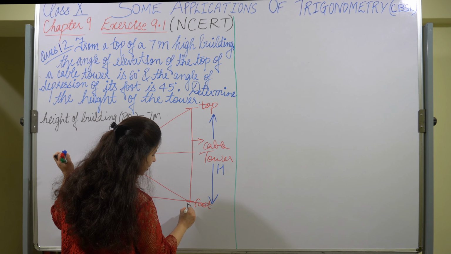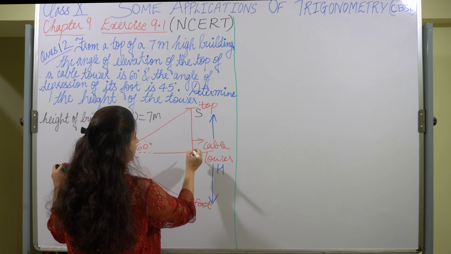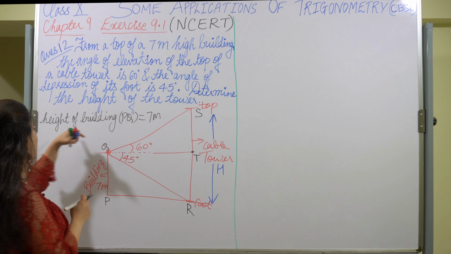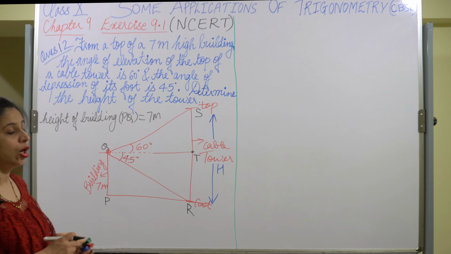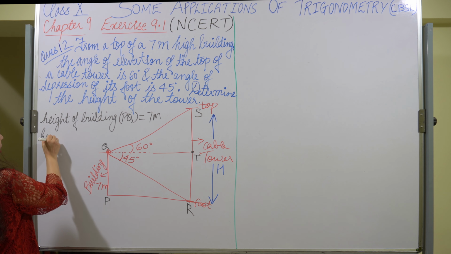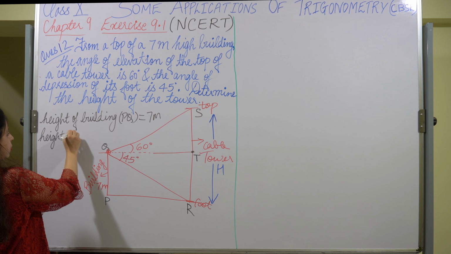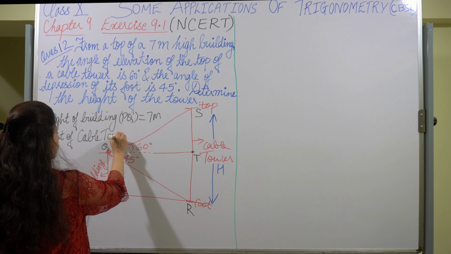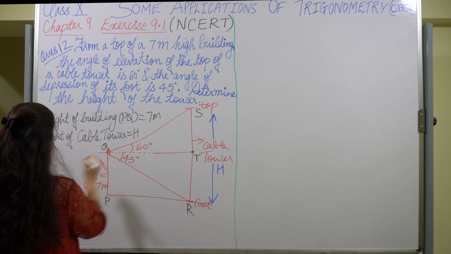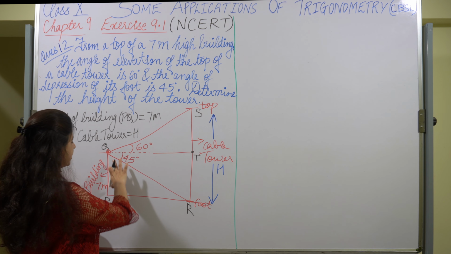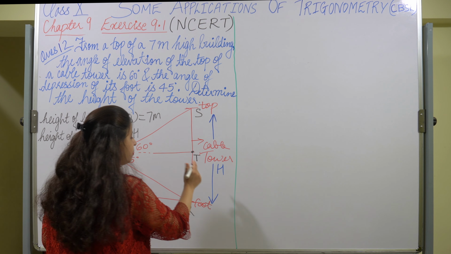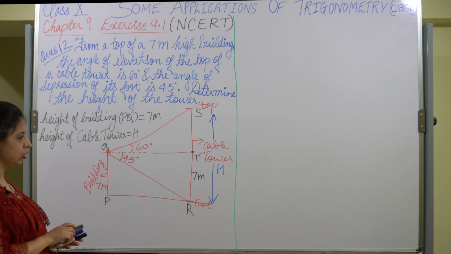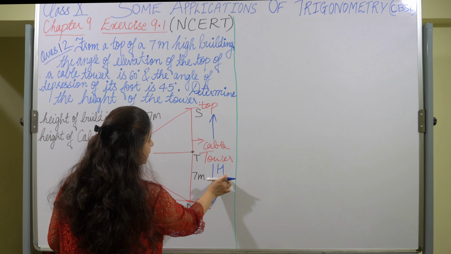Let us mark this as R, S, and this some point T. Okay. So we are considering the height of the building PQ to be 7 meters, and we are considering the height of the cable tower to be capital H. We can clearly see that this height is 7, so this will also be 7.